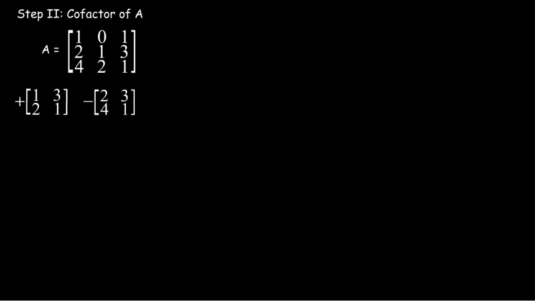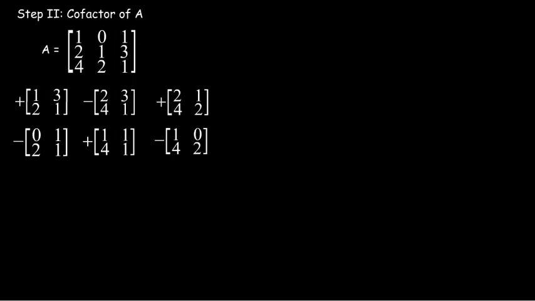The third element becomes plus the smaller matrix 2 1 4 2, minus the smaller matrix 0 1 2 1, plus the smaller matrix 1 1 4 1, minus the smaller matrix 1 0 4 2, plus the smaller matrix 0 1 1 3, minus the smaller matrix 1 1 2 3, plus the smaller matrix 1 0 2 1.